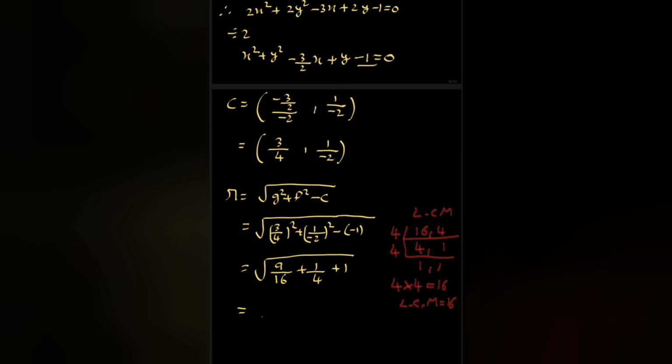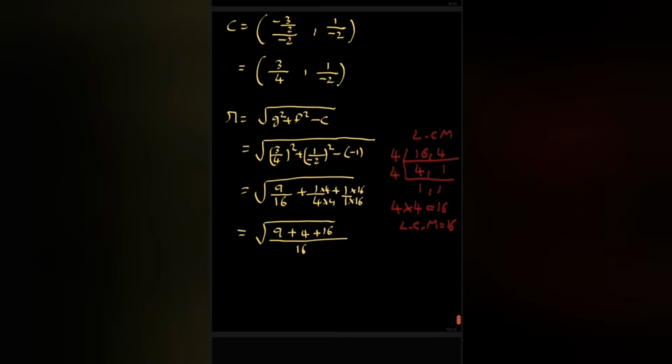So root over 9 plus 4 fours are 16. So 4 and by 1 into 16 we have to multiply, plus 16 whole by 16.